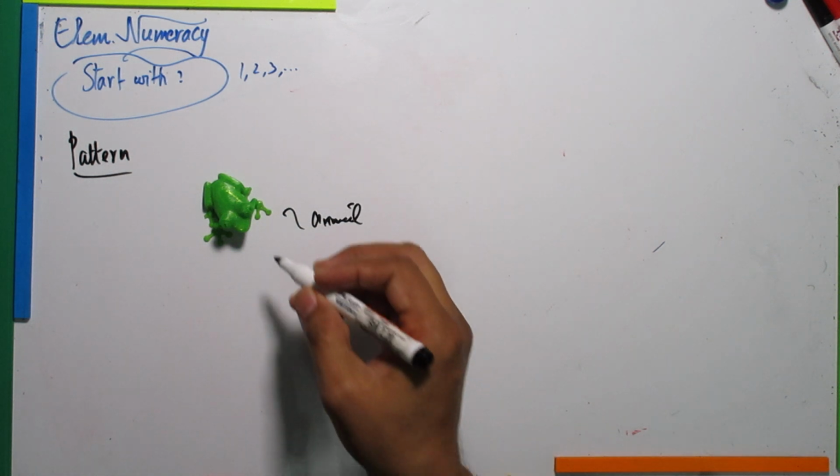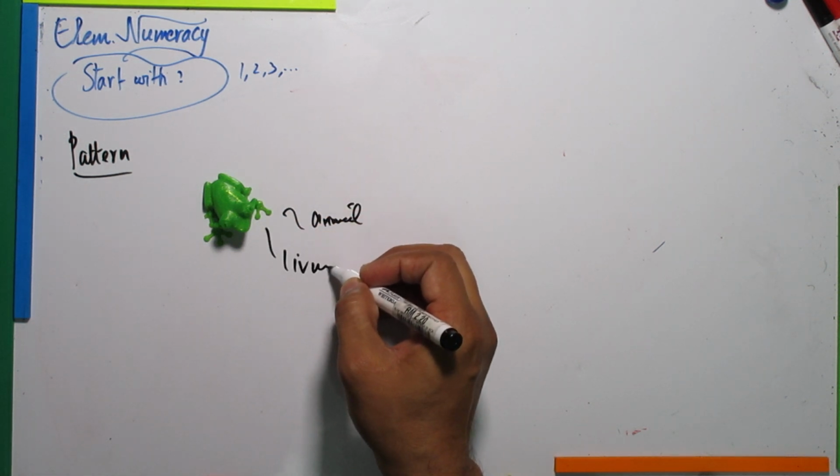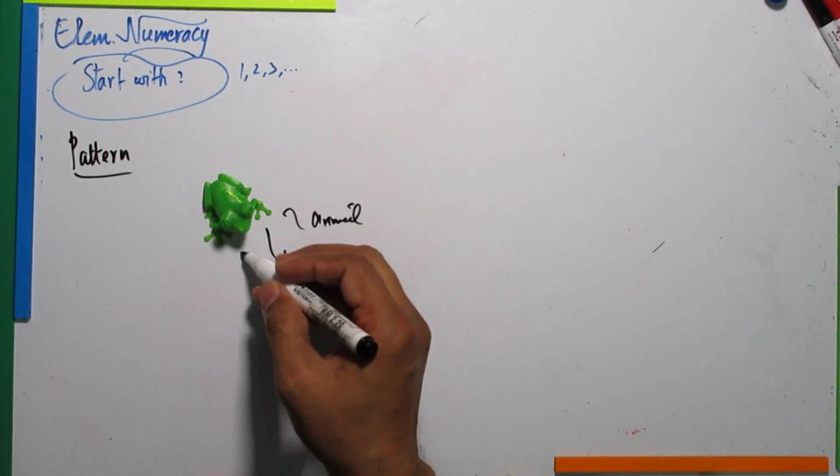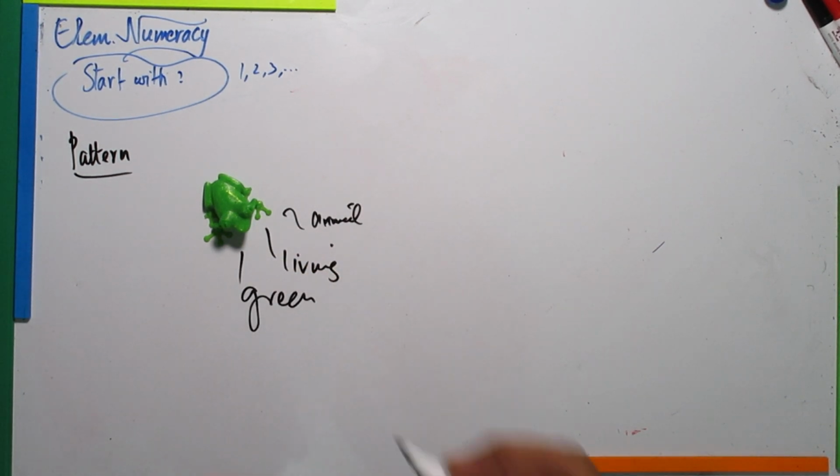Our memory system is probably built in that kind of folders. Very little is known about how it works, but we are a complex machine. Oh, I can classify it: this is a living animal, this is green. All of those things I start associating.